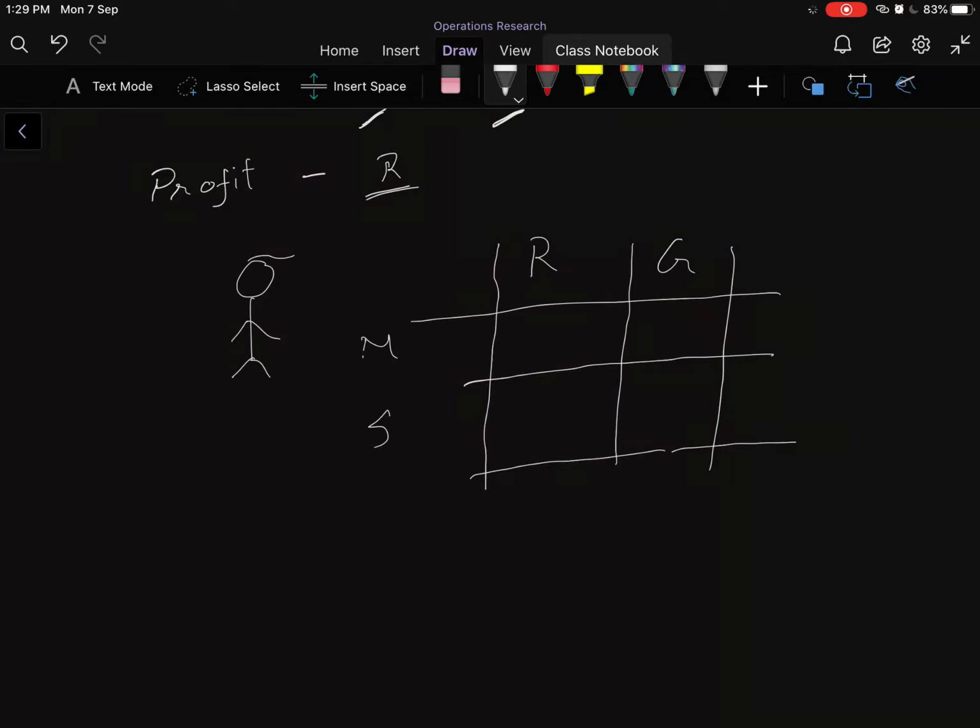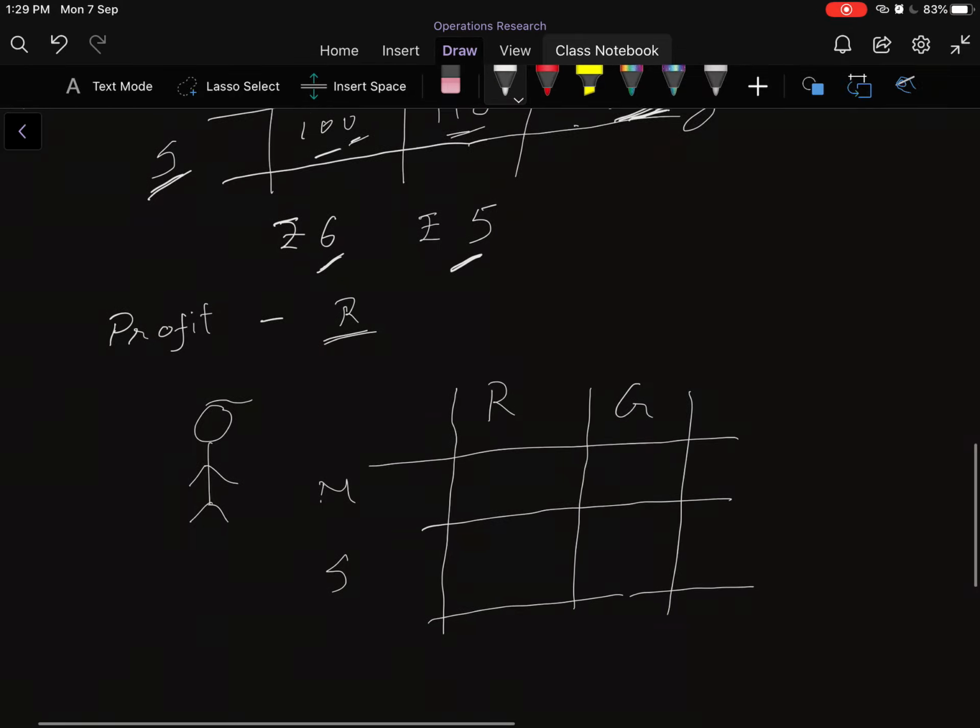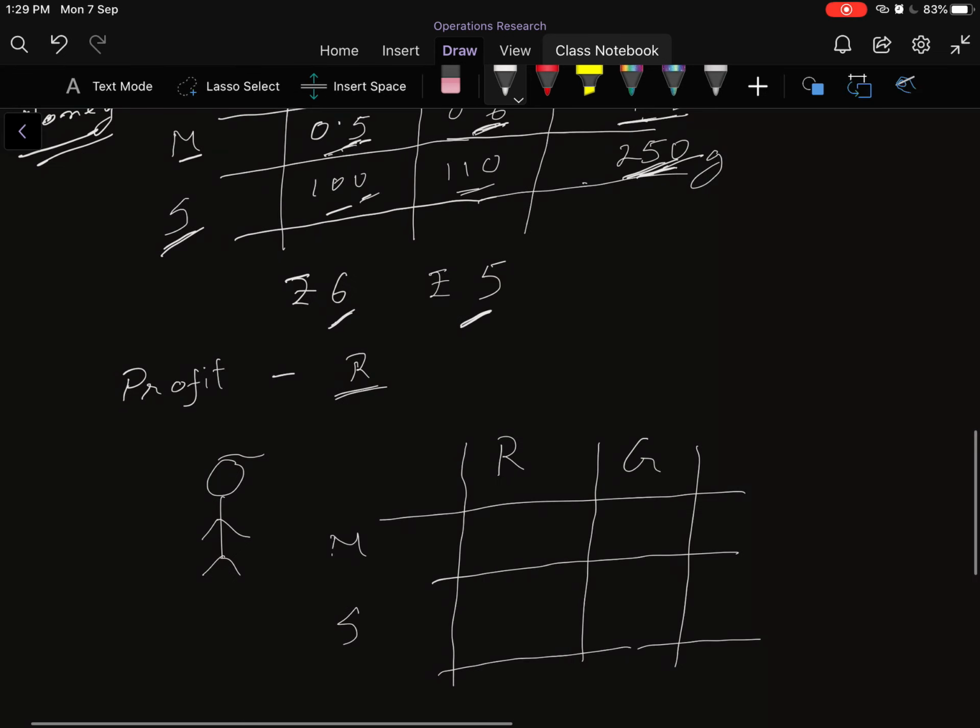Say for making 1 kg of rasgulla, he still needs 5 liters of milk and 1 kg of sugar.